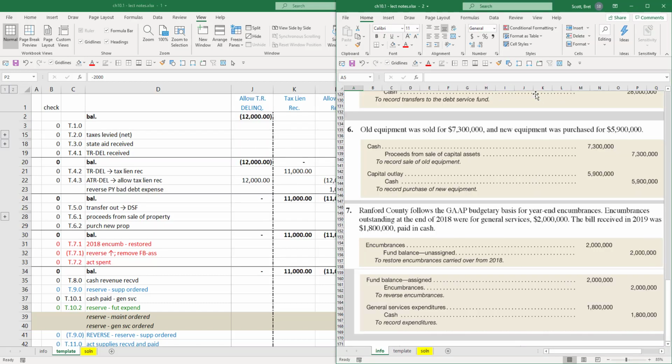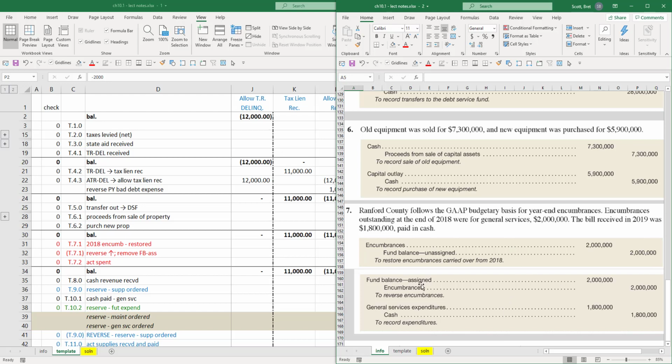So what they're saying here is that the encumbrances outstanding at the end of 2018 were for general services. So we expected to pay money for general services of $2 million. The bill we actually received after they were completed in 2019 was $1.8 million in cash. So what do we do to get rid of this $2 million and actually record that there was $1.8 million in true expenditures?